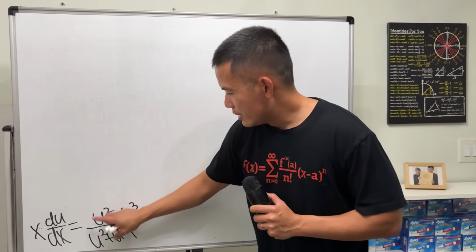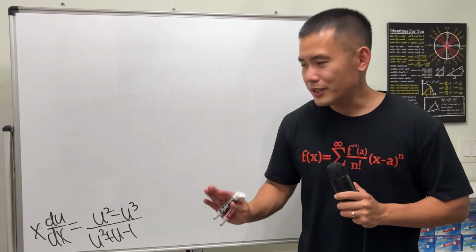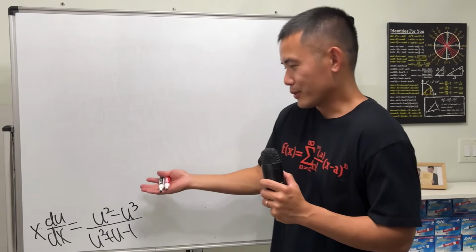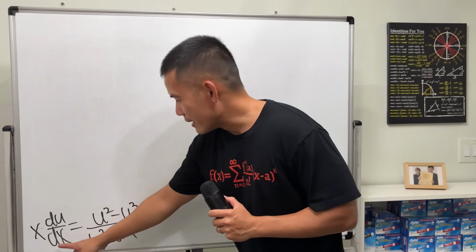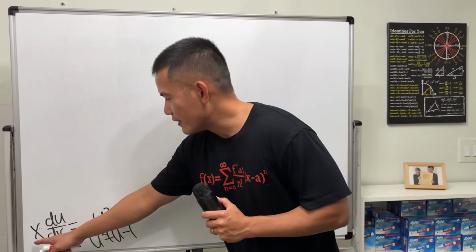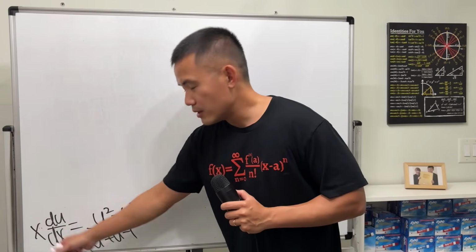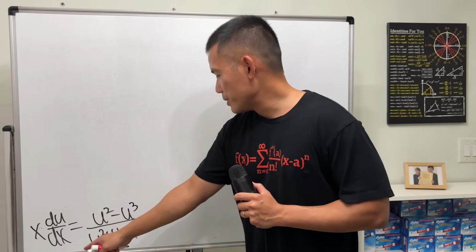But no, don't do that, because you should not have the differential on the bottom. At least I don't know how to handle that. Therefore, I am going to multiply both sides by dx and then divide both sides by x, and then I will multiply both sides by the reciprocal of this. So this will be on the top, this will be on the bottom.